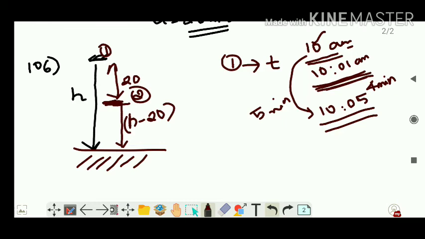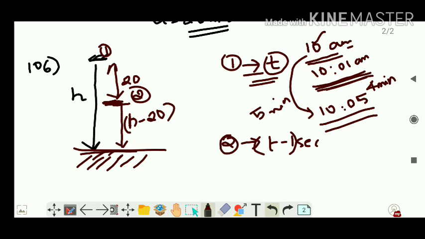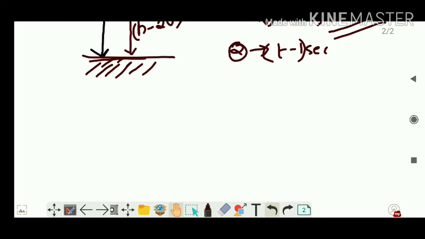Similarly, let's do with this one. First ball took t seconds to reach the ground, means the second ball, which is released after 1 second, will take how much seconds? T minus 1 second to reach the ground, right? Because both of them are reaching at the same time, right? Now let's move on with the equation, guys. That means for the first ball I will write dropped, right?